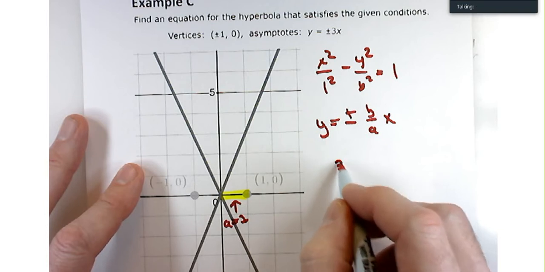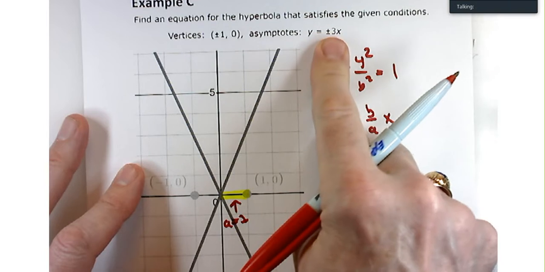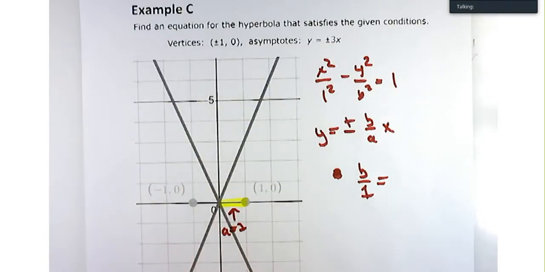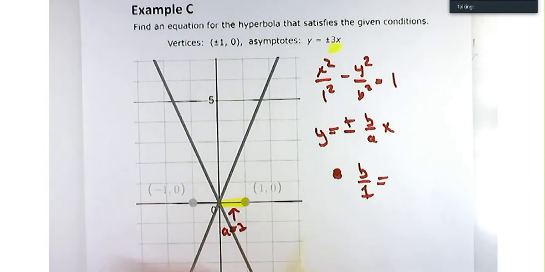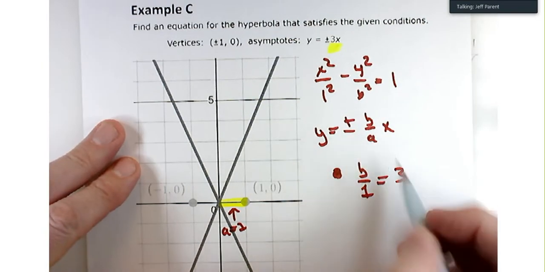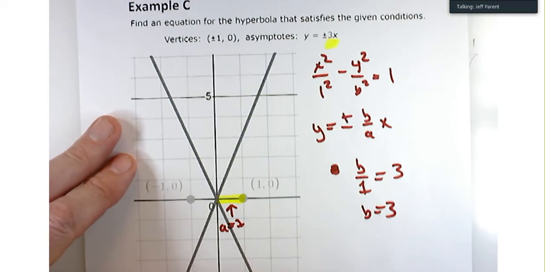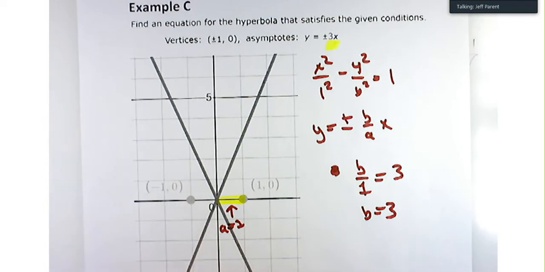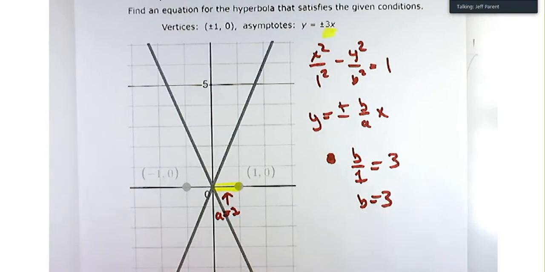Not 3. It's going to be b over 1 equals the slope here, which is 3. So I get b over 1 equals 3 because a is 3. So that means b equals 3. So that's one way to get b.